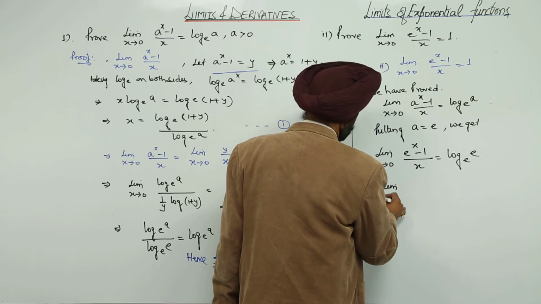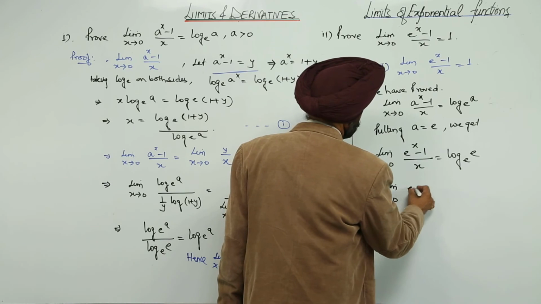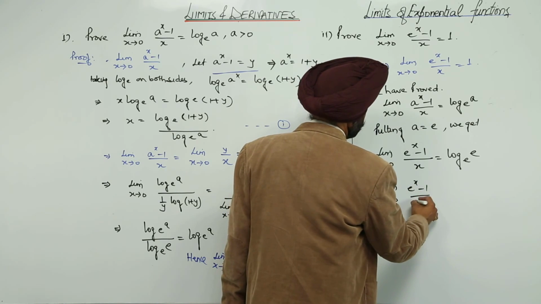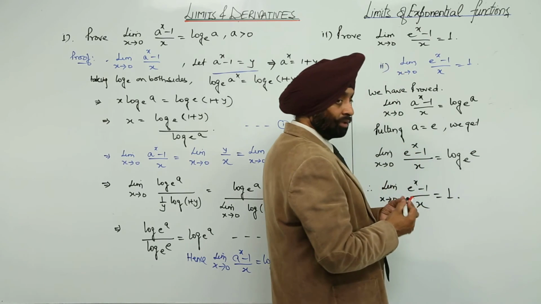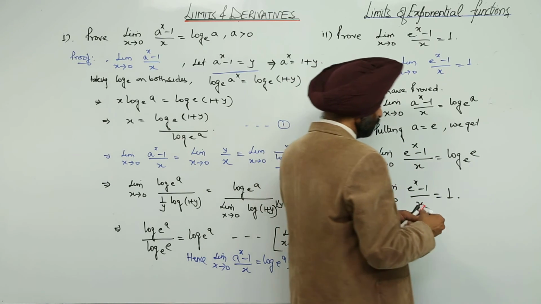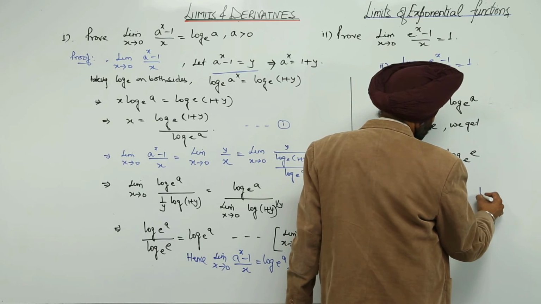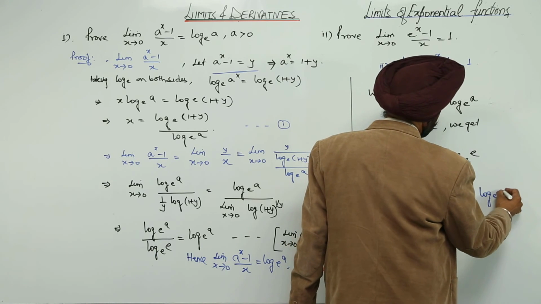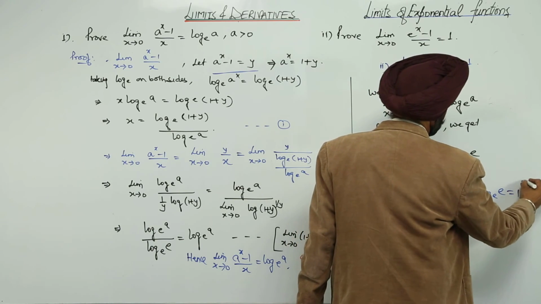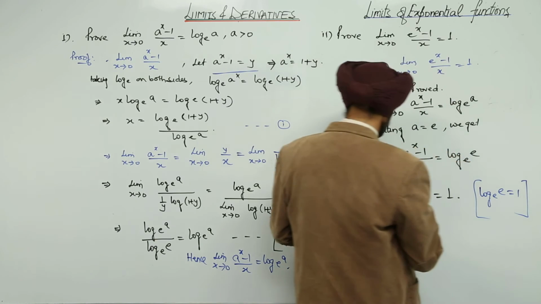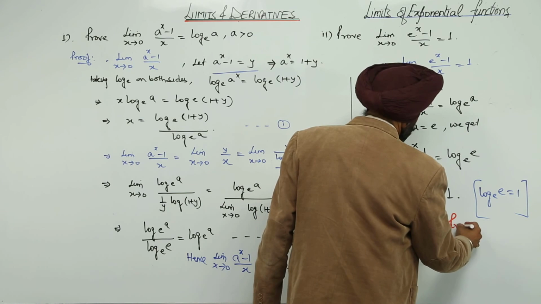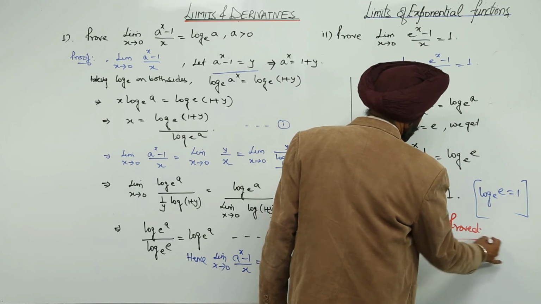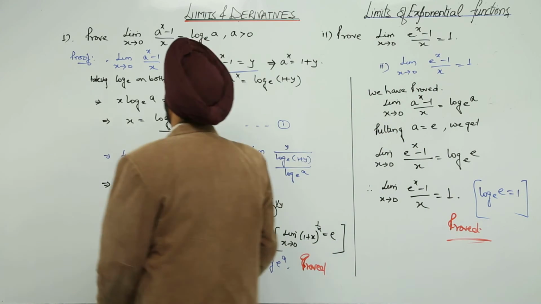Limit x approaches 0, (e raised to power x minus 1) upon x is equal to 1. Now, why 1? Because log base e with e is 1. So, these are the two very important properties for the exponential.